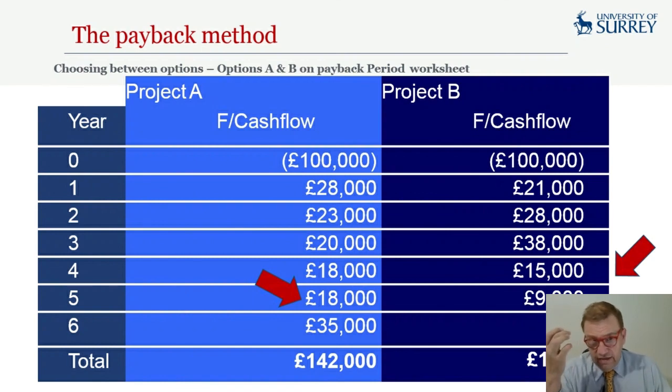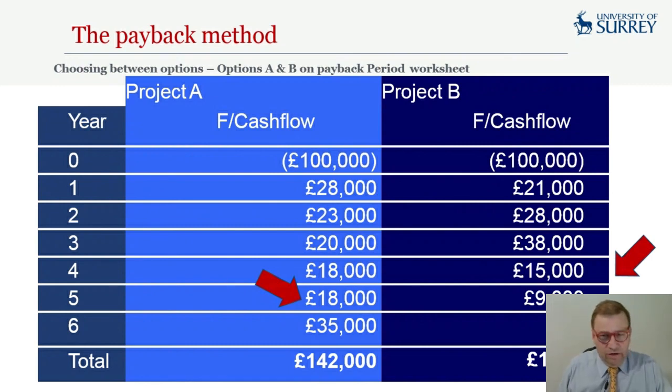And we could see that within year 4, this project would be accepted. The other one pays back in 5 years: 28, 23, 20, 18, and in year 5 it goes over 100. So if we do it on the basis of a 4-year cutoff period, then we accept project B.